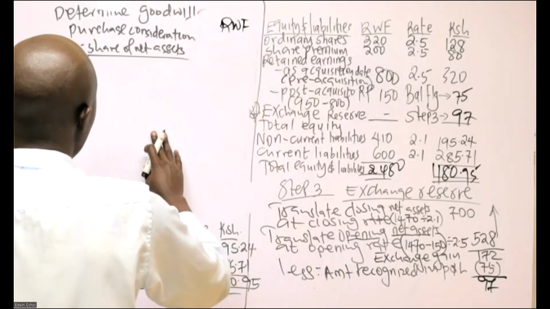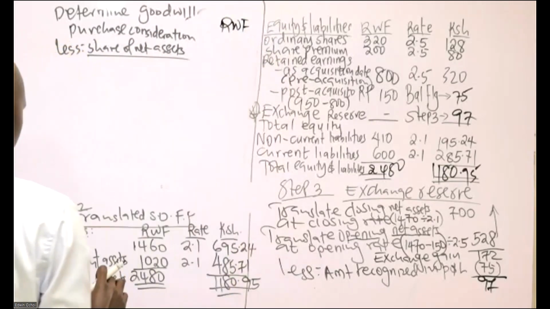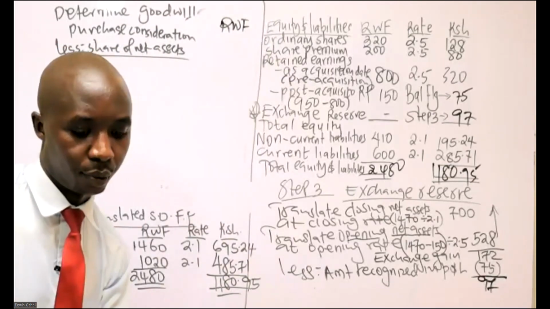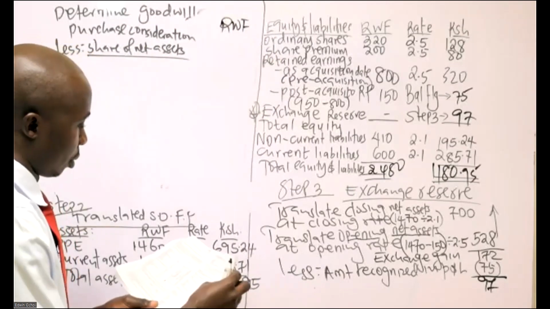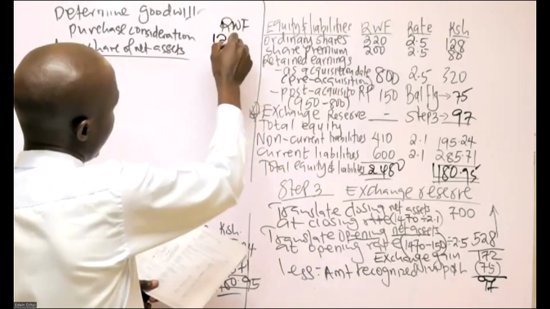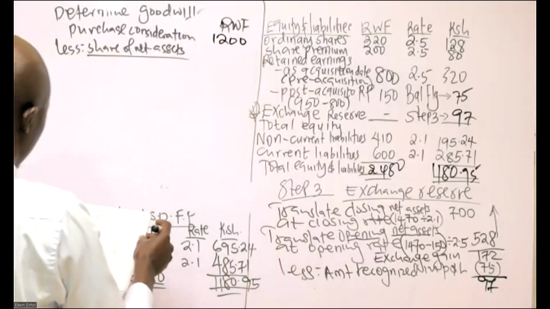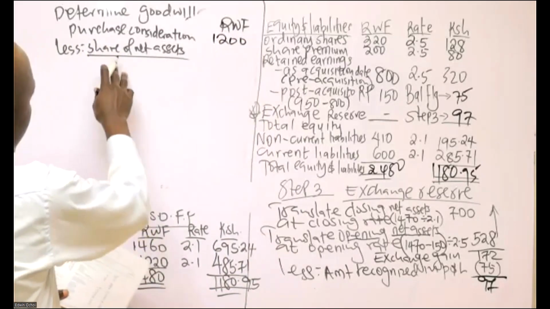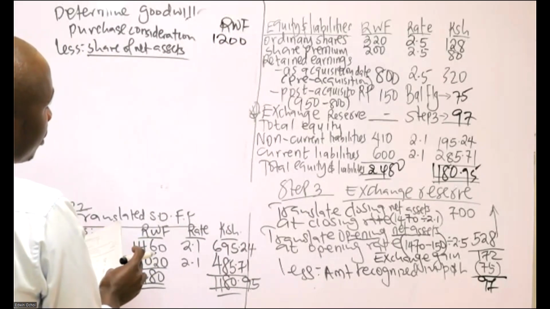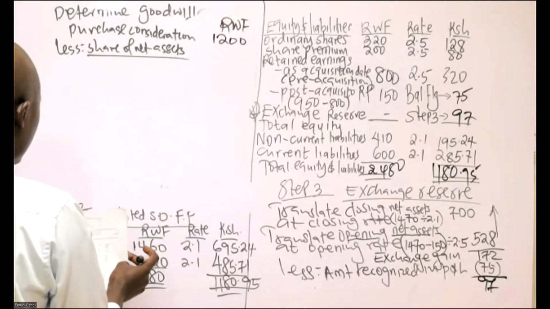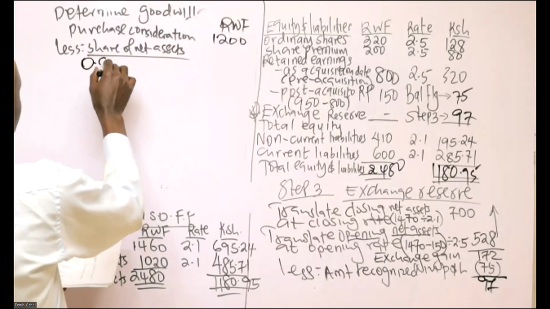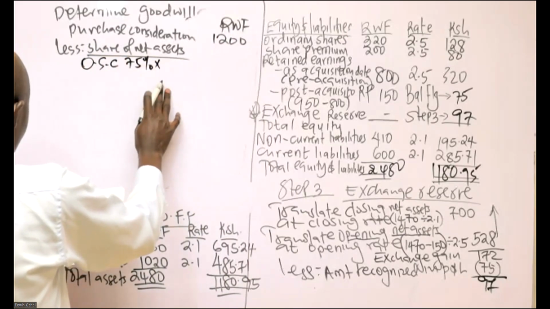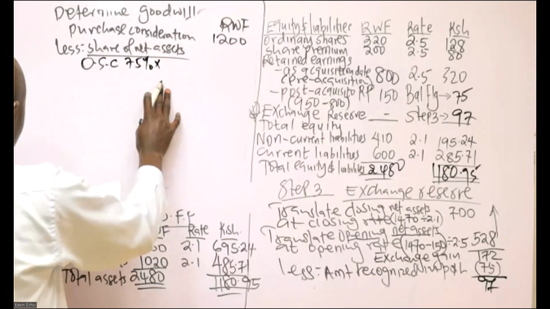So when they acquired S, the parent paid, as at the start of the question, 1,200 Rwandan francs. That is what they said in the first paragraph. The net assets of S: ordinary share capital, remember we did 75% of the equity, 320.